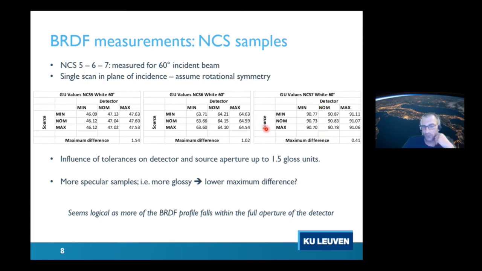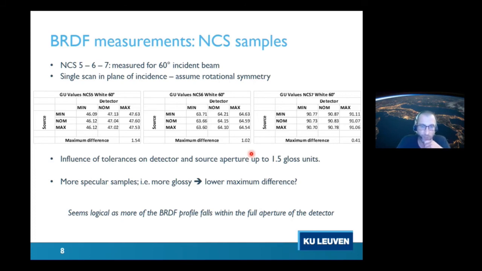And this seems quite logical, because the more glossy a sample gets, the more narrow the BRDF profile becomes. So you will have less of an influence from different sizes in detectors, because the whole beam or most of the reflected beam will still go through the aperture of your detector. So this makes sense in some way.